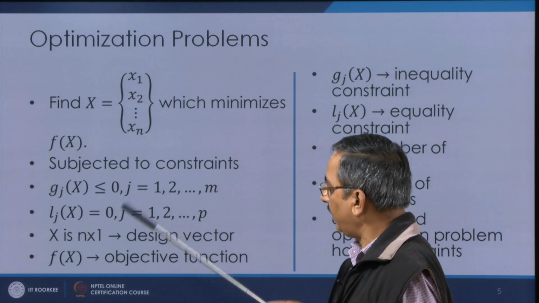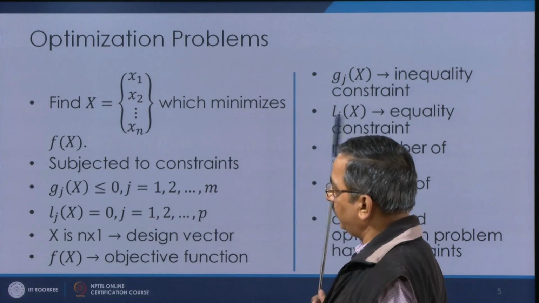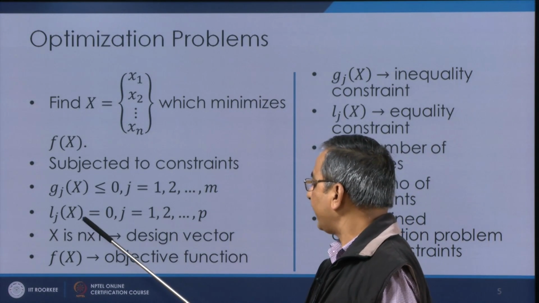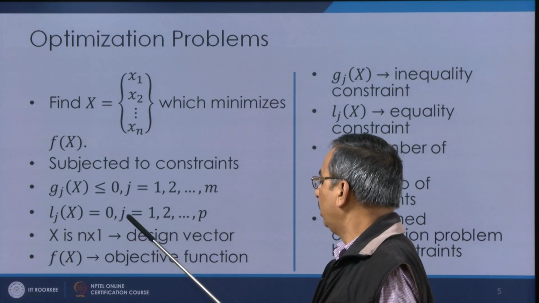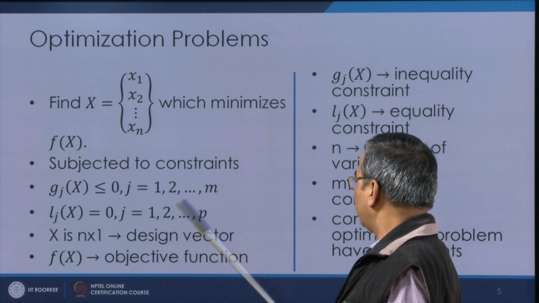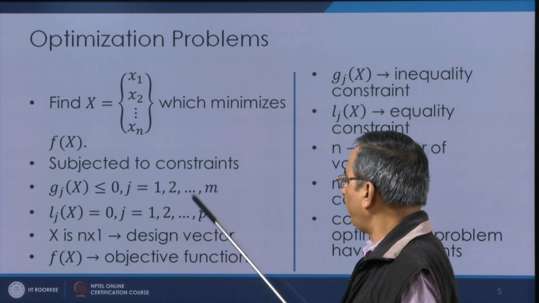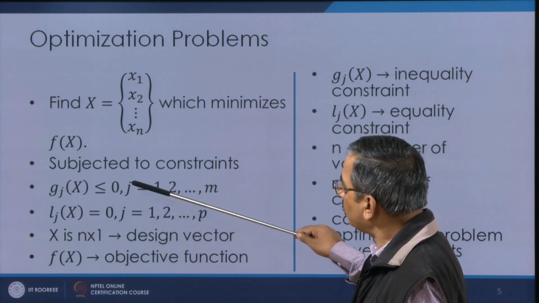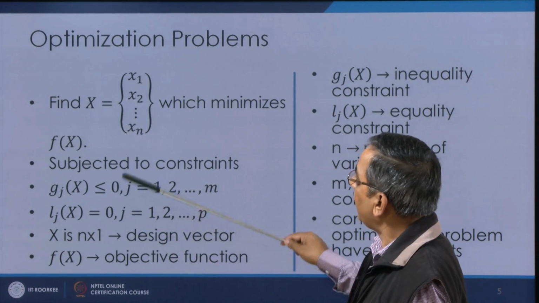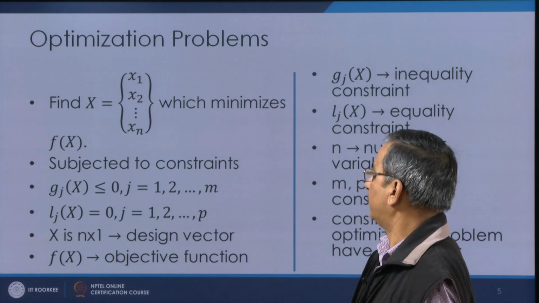I will come back to this when I talk about the types of constraints. Lj(x) could be equal to 0, where j is again 1, 2 till up to p. So these two are the constraints amongst these variables.